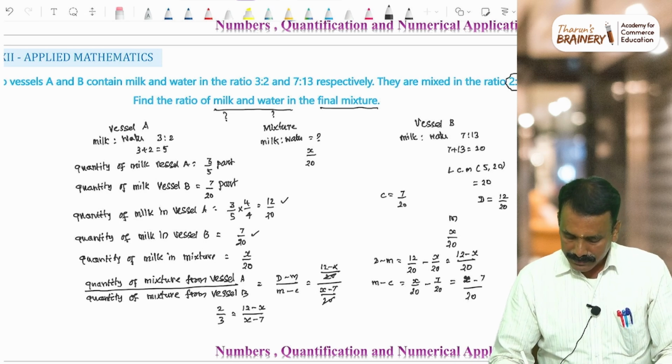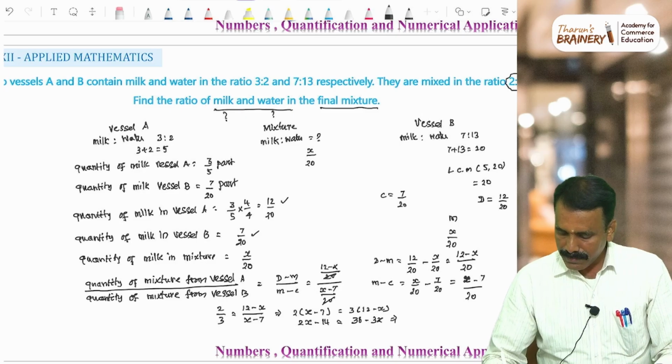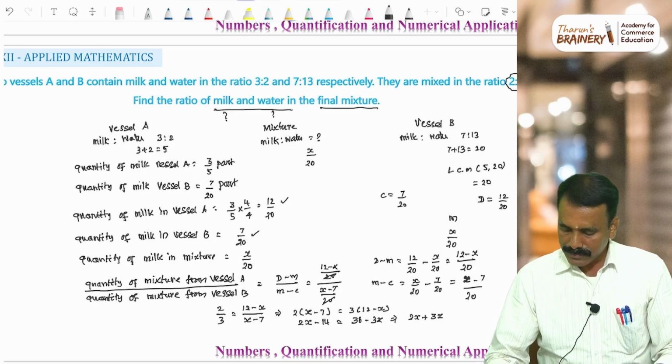We cross multiply. When we cross multiply, you get 2 into x minus 7 is equal to 3 into 12 minus x. So 2x minus 14 is equal to 36 minus 3x, which implies 2x plus 3x is equal to 36 plus 14.